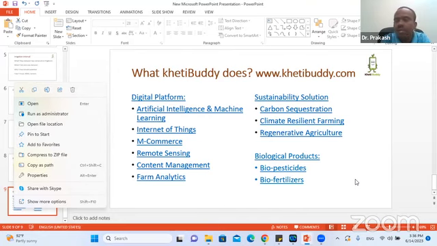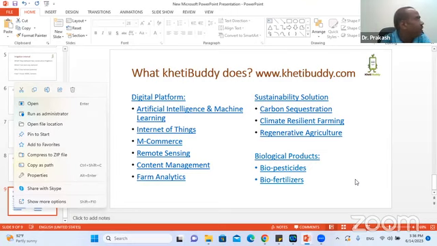In remote sensing, we have developed NDMI as well as NDVI models for deciding irrigation scheduling as well as crop monitoring. Through our remote sensing, that is GIS technology, we can give good decisions for deciding nutrient as well as irrigation ratio based on NDVI and NDMI.